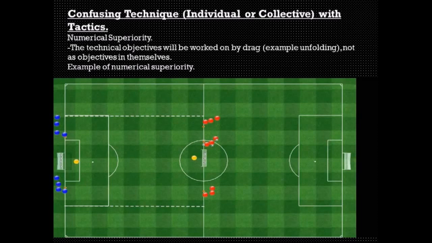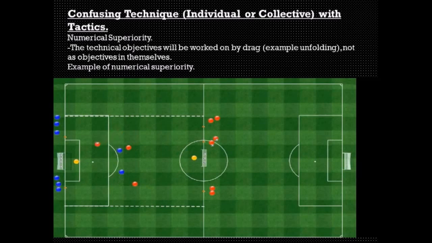It's not going to be the objective by itself, the overload, okay. But since we're working, for example, numerical superiority, overload will happen, and we will, of course, try to lead them in these situations and correct them with guidance, guiding them how they're supposed to do it, when they're supposed to move, what the objective is.